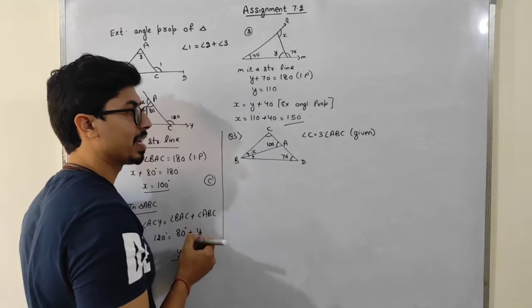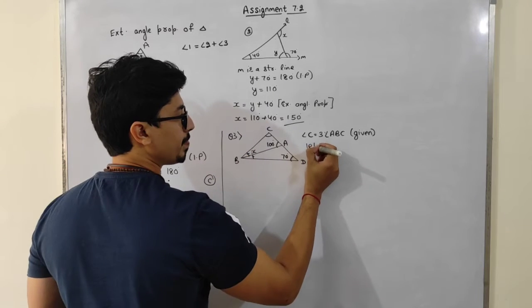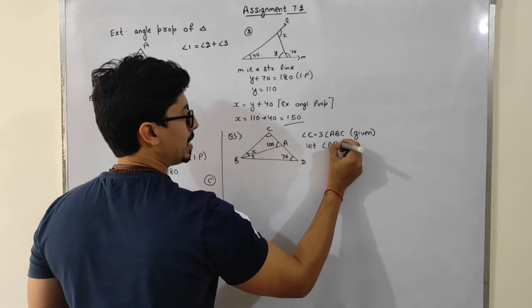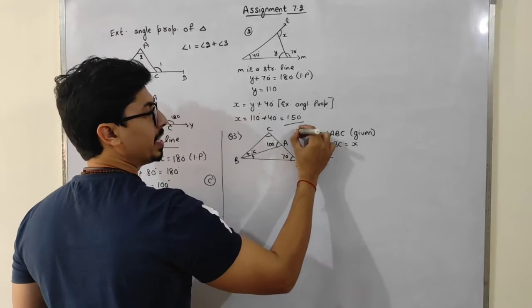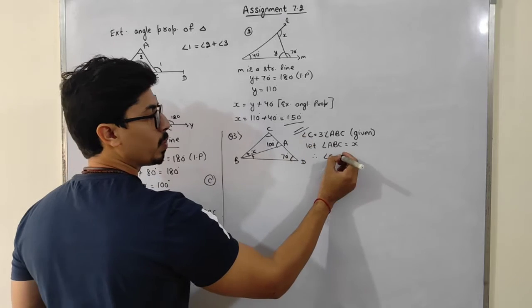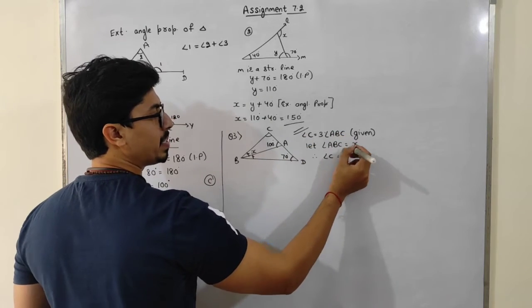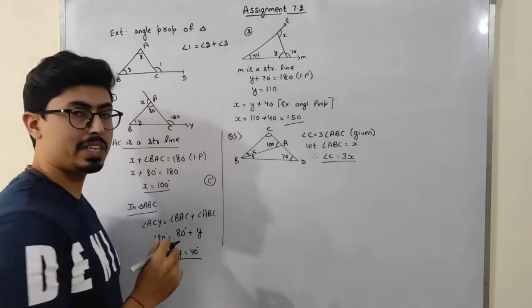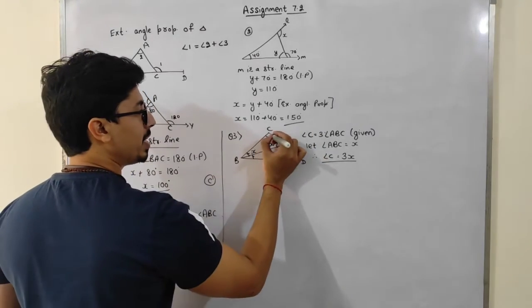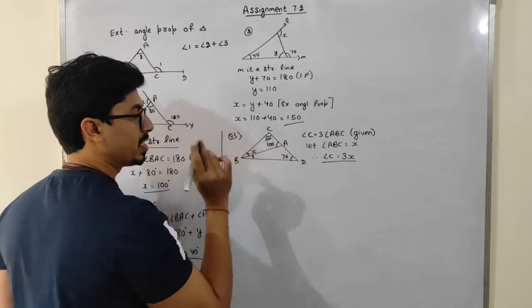Let angle ABC be equal to x. Therefore, by using this condition, angle C is equal to thrice of angle ABC, that is x. So angle C is equal to 3x. So this is 3x and this is x.